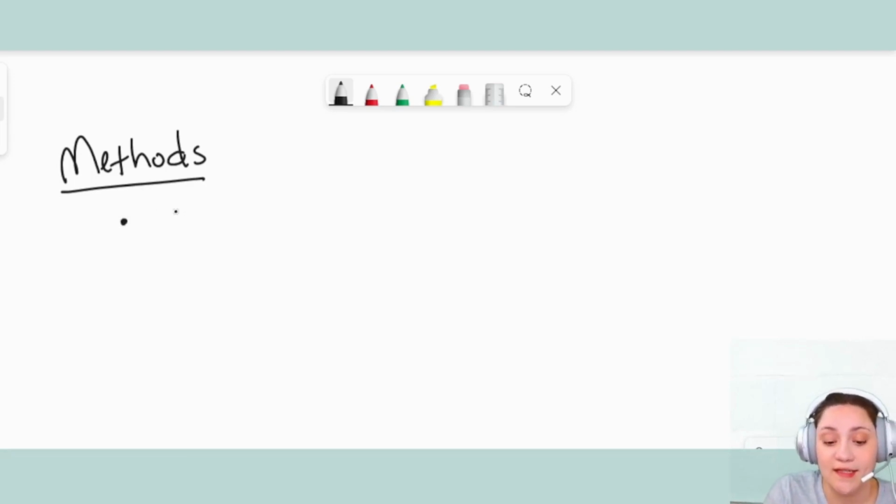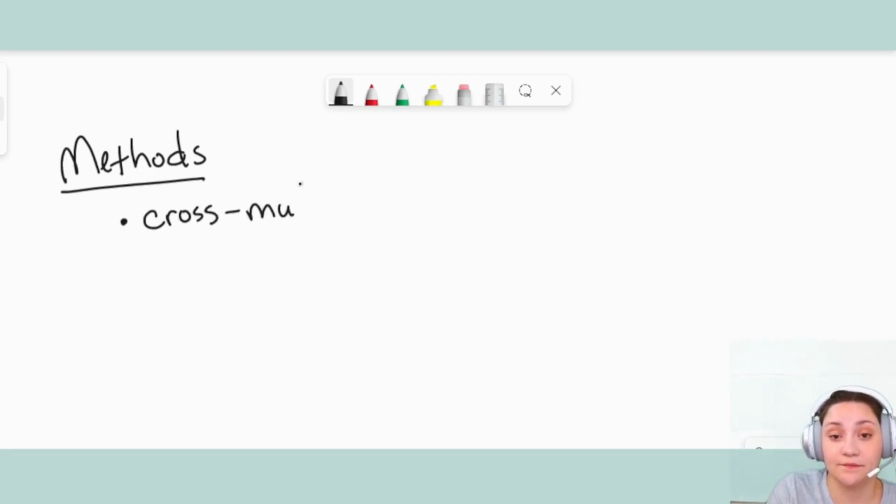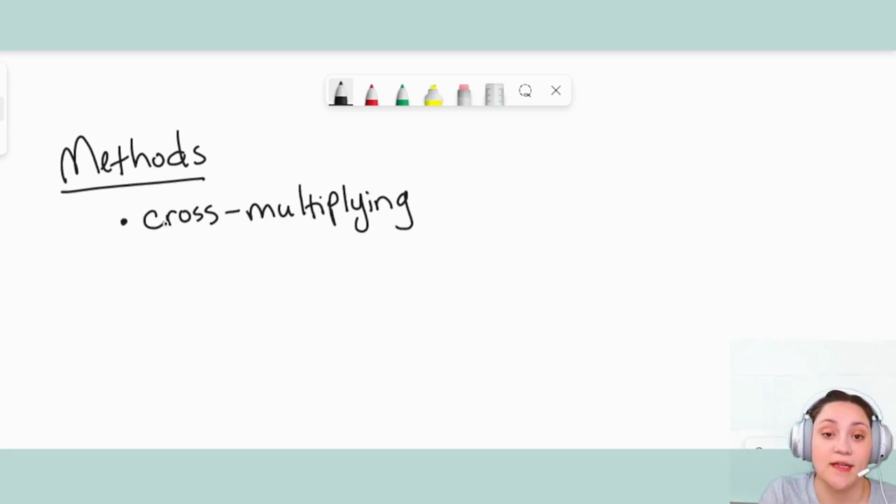One of the methods that we can use is cross multiplying. This is a technique that has been used in math for many years of your education now in terms of simplifying fractions and solving equations. So cross multiplying is always an option when we have fractions.